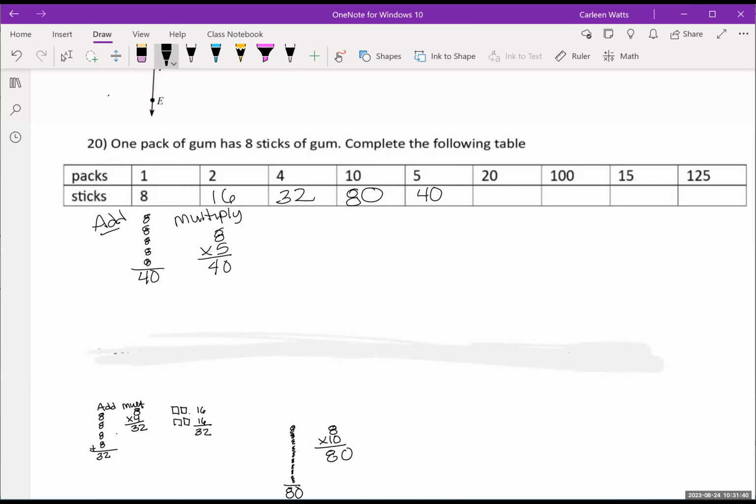Now, does anyone see another interesting method, shortcut? Does anyone see a way to use divide? If I know 10 is 80, then 5 would be 40. So see how I can take 10 packs and divide it by 2?